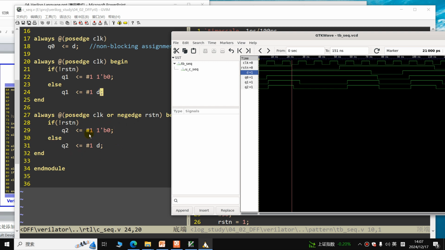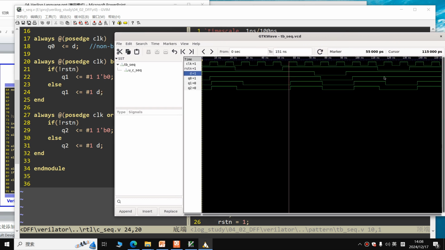And after 1 nanosecond, the Q output is assigned to 0. At this point, this block will also be triggered, but the reset is still 0, so the output is 0. At this point, reset is released, so the D will be latched to Q. At this point, reset is valid again, so the Q is reset to 0.